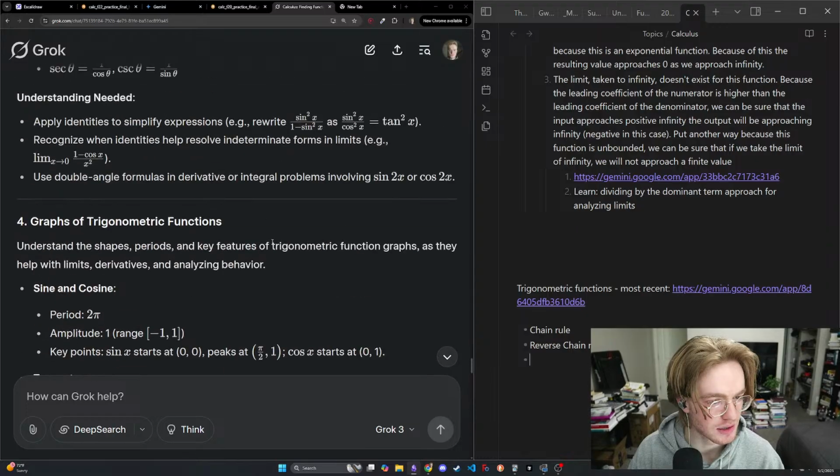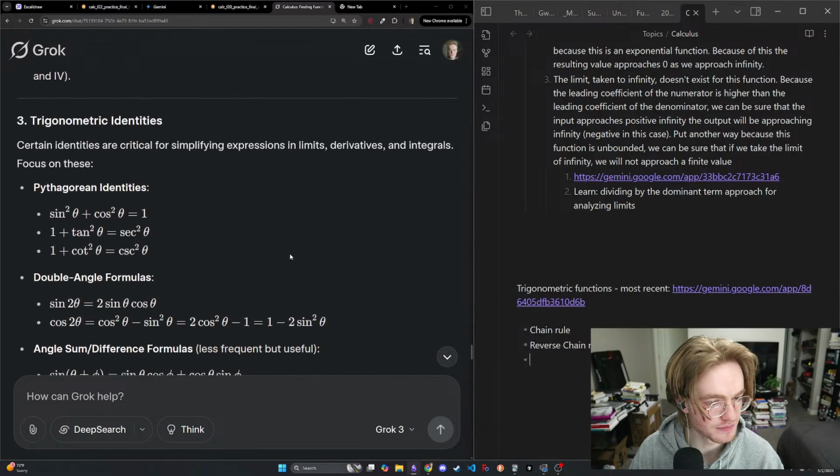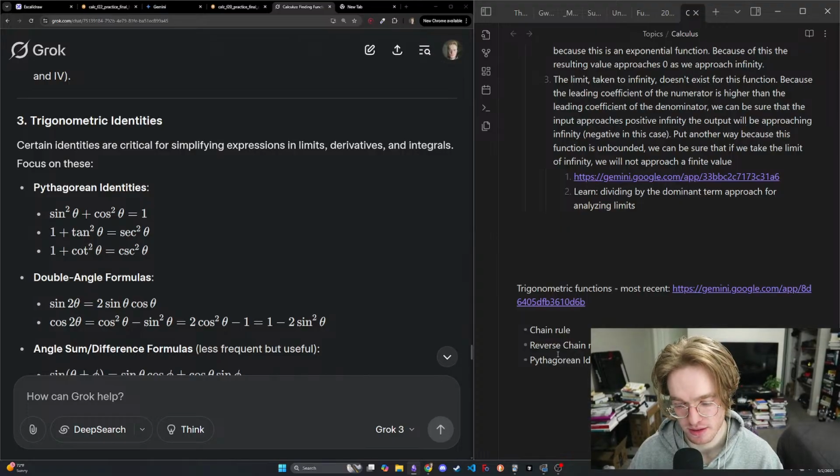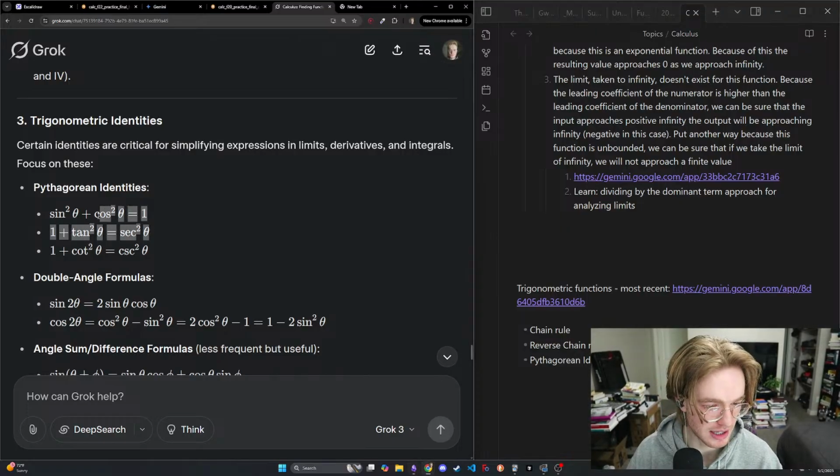And then I'd like to have the Pythagorean identity, the main one, because I feel like I'll be able to derive the other ones having the main one.